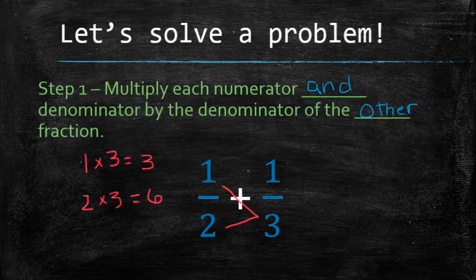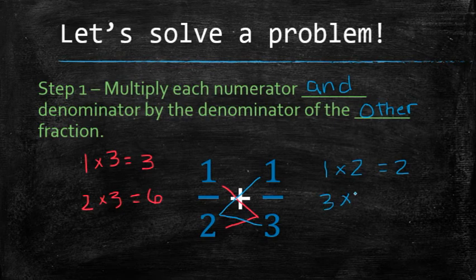Let's change the color just to help so that we can visualize this. Okay, so now we know the denominator on this side is a 2. We're going to have 1 times 2. You know that equals 2. And then we've got 3 times 2.